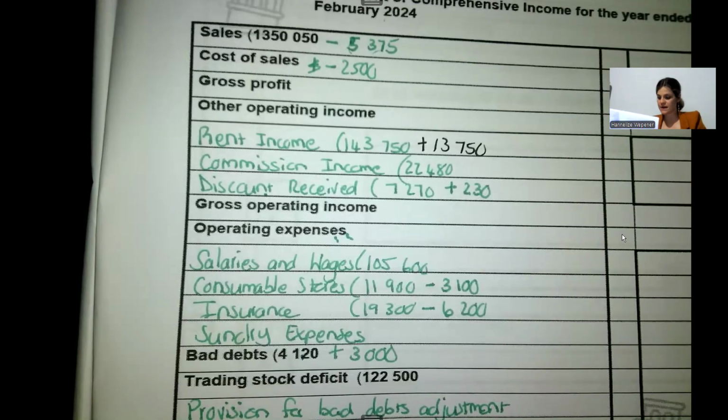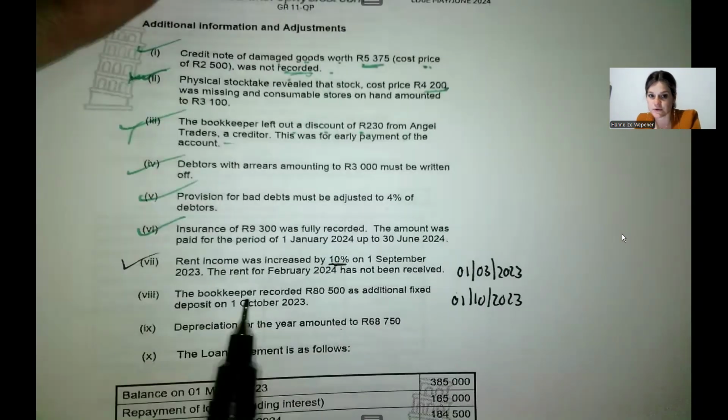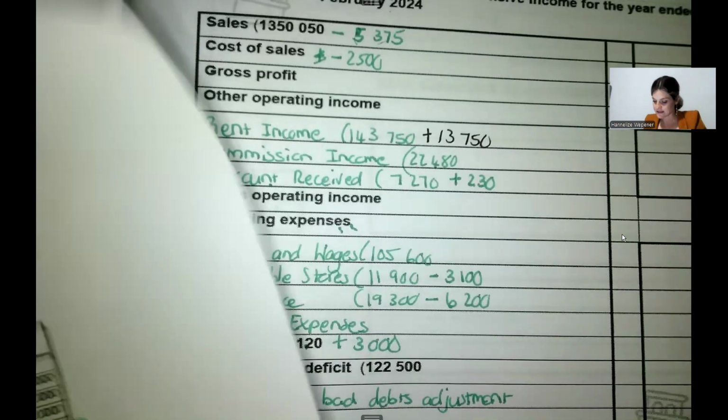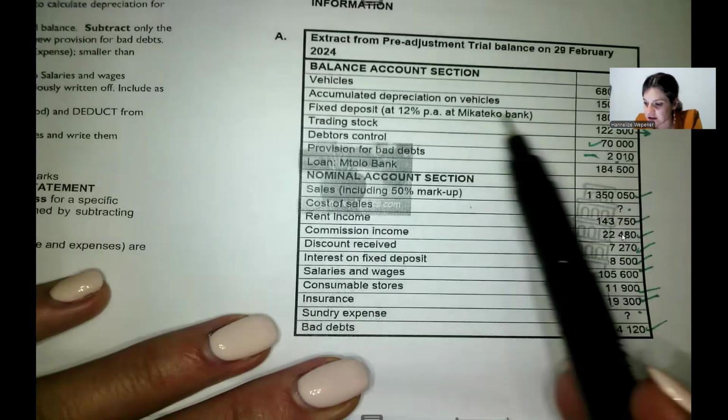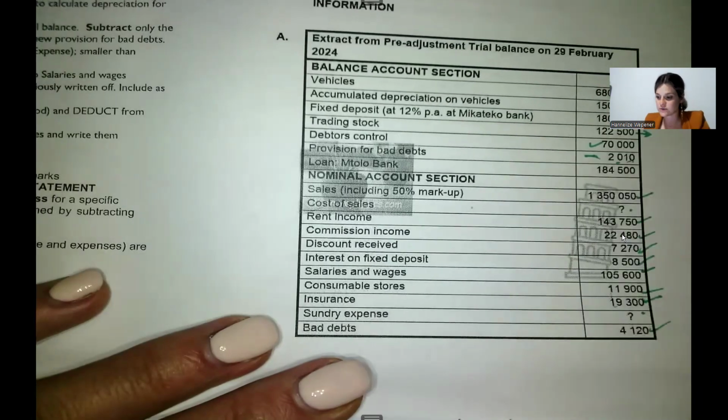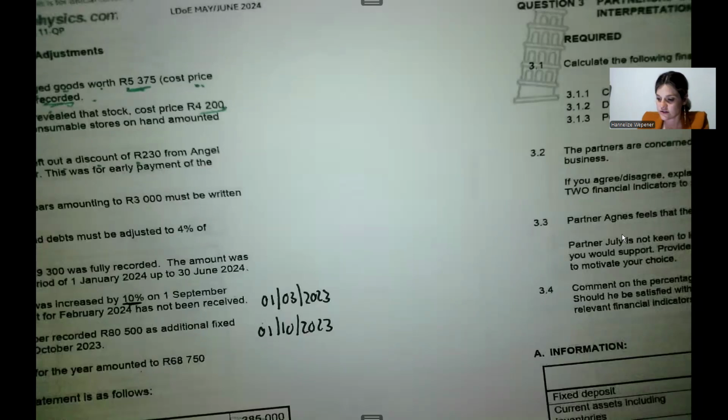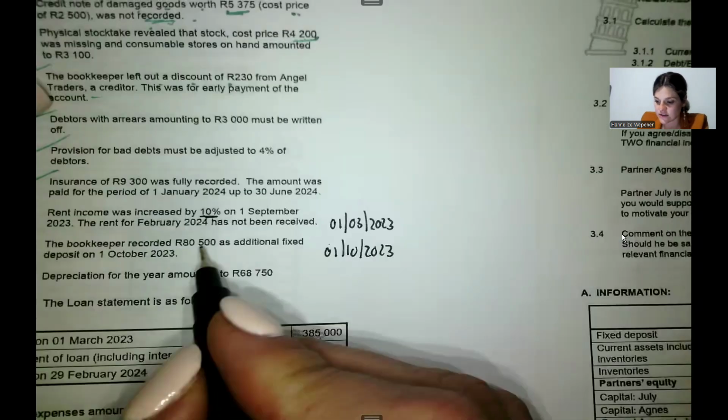So the bookkeeper has now recorded, because it says the bookkeeper recorded 80,500 already. That means included in your fixed deposit of 180,000, that's what you ended on. So included in that is your 80,500 increase.